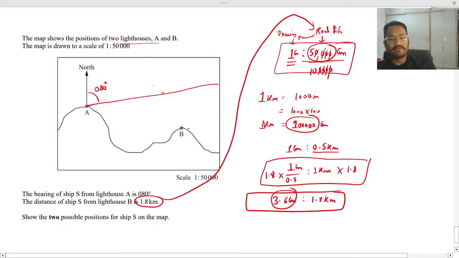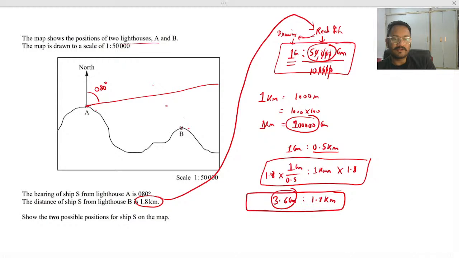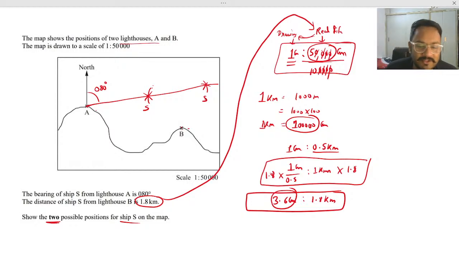We need to open your compass to 3.6 centimeter, and then you can cut an arc like this and an arc like this. Now this can be the two, because it is written to find the two different positions of the ship S. So we can get the two different positions of ship S as this and ship S as this, right? So these are the two possible answers which we can get.